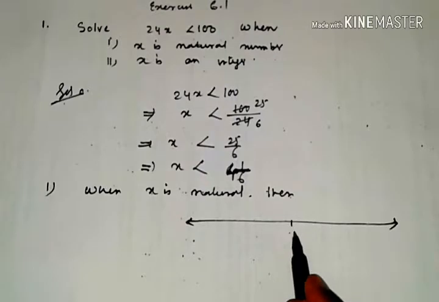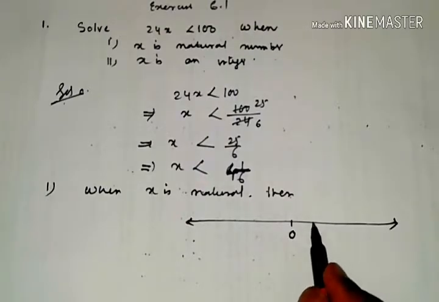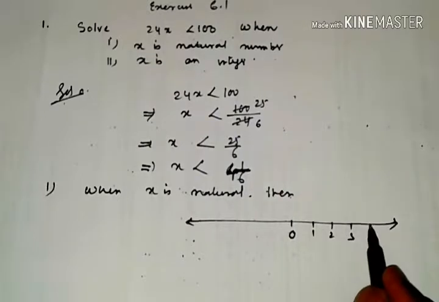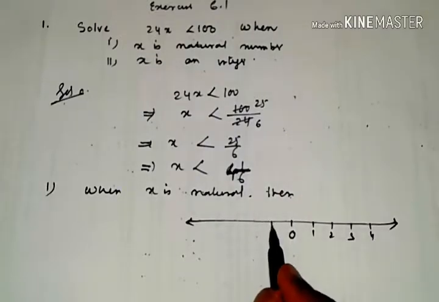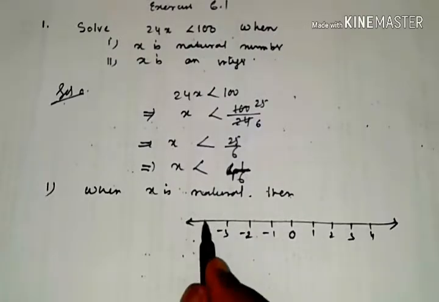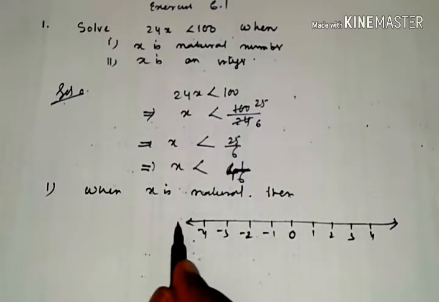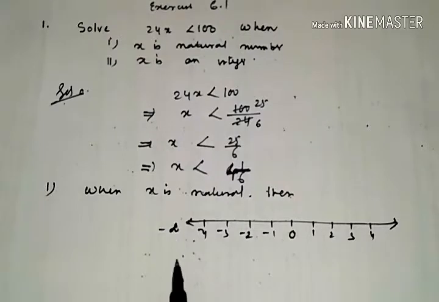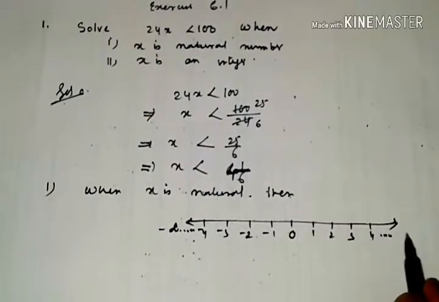That is 0, 1, 2, 3, 4, minus 1, minus 2, minus 3, minus 4, etc., up to minus infinity on this side and up to plus infinity on the other side.